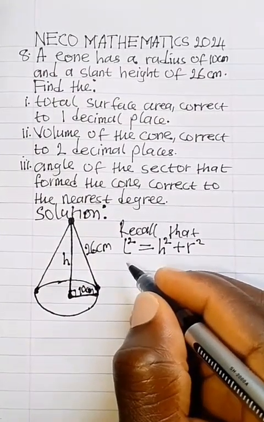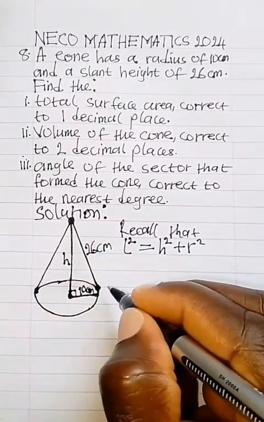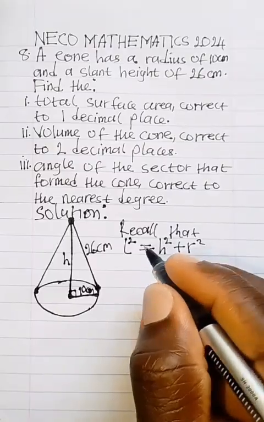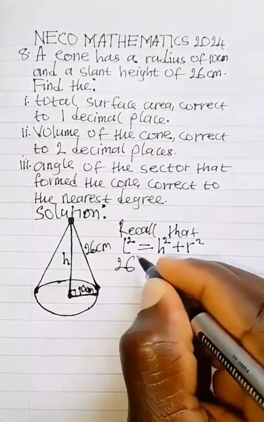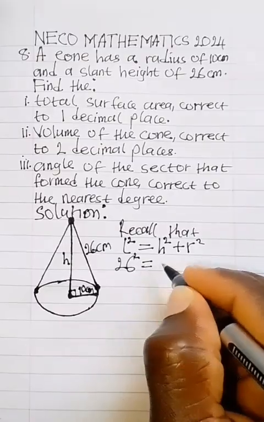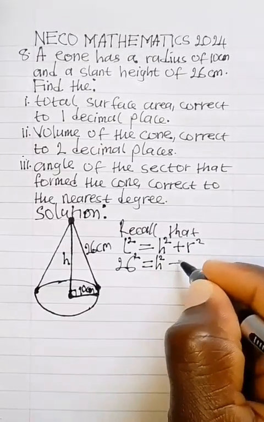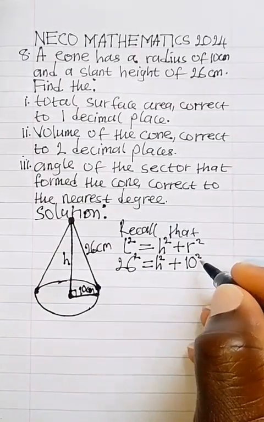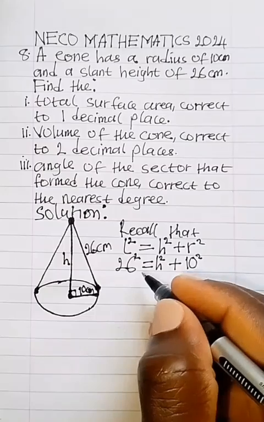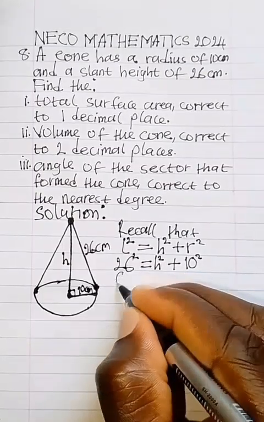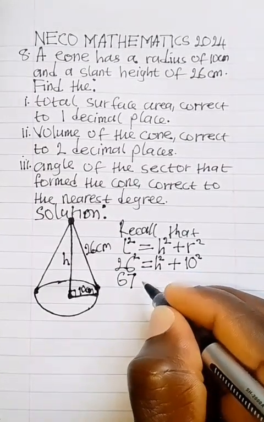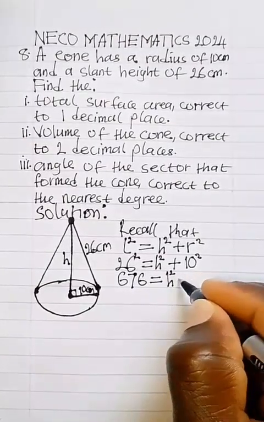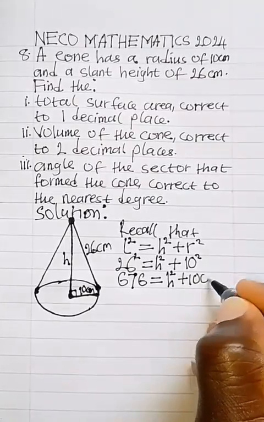The slant height is the hypotenuse of the right-angled triangle, and that is 26. You square it, equal to h squared plus the radius 10 squared. The square of 26 is 676, equal to h squared plus 100.